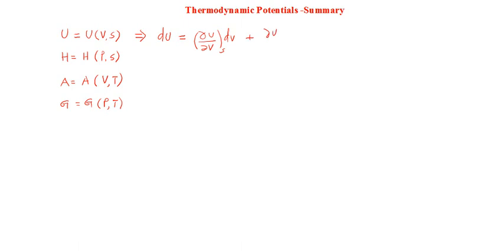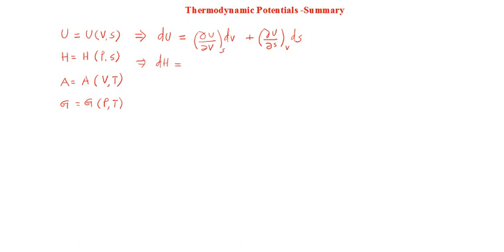We have done it several times in our previous modules, using the chain rule in partial differentiation. Plus dou U by dou S, at constant V, times dS. That is the thing. Similarly, how do you write dH, the differential change in H?